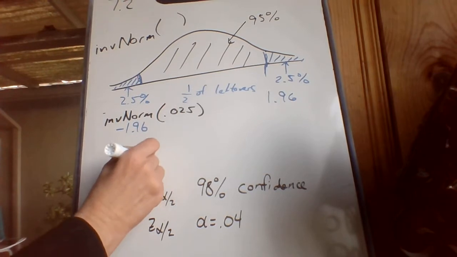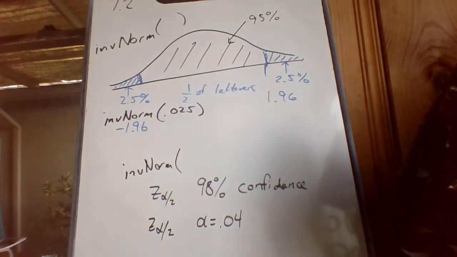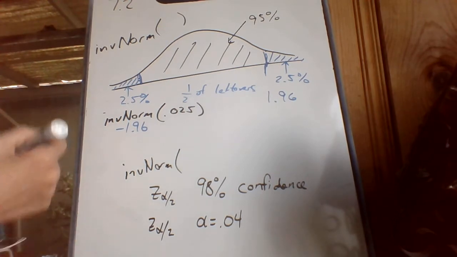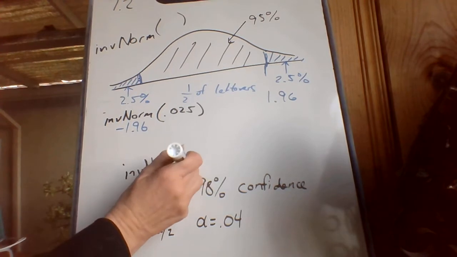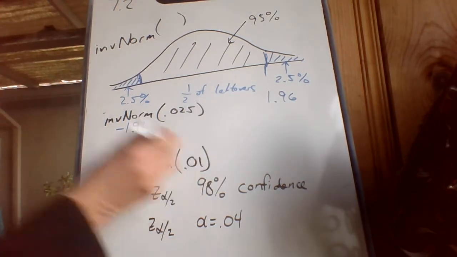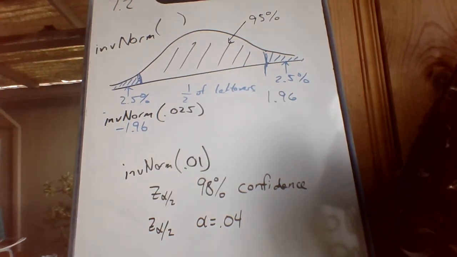So invNorm, okay, so 98%. All right, well, that is the big number. The leftovers would be 2%. And half the leftovers would be 1%. All right, so then I just go second distribution, invNorm, 0.01.